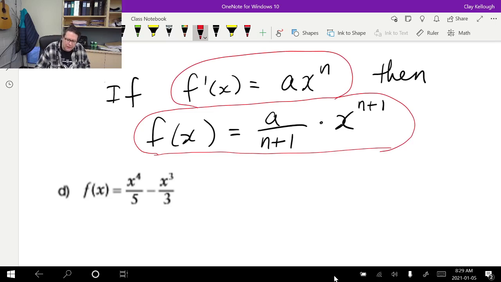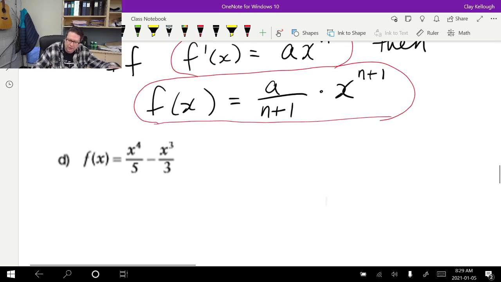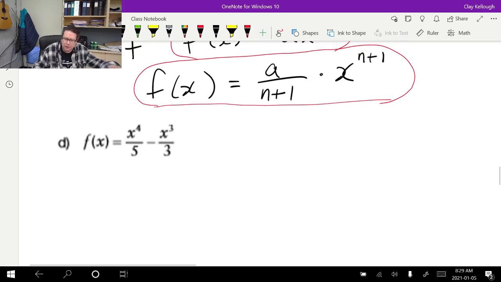I thought I'd pick an example because over the break, people who were catching up on homework were sending me questions. I wasn't on my computer every day, but I did my best to get back to people as I could. This kind of question popped up a couple of times, so I thought this would be a good thing to start with. I'll review antiderivatives and review this idea at the same time.